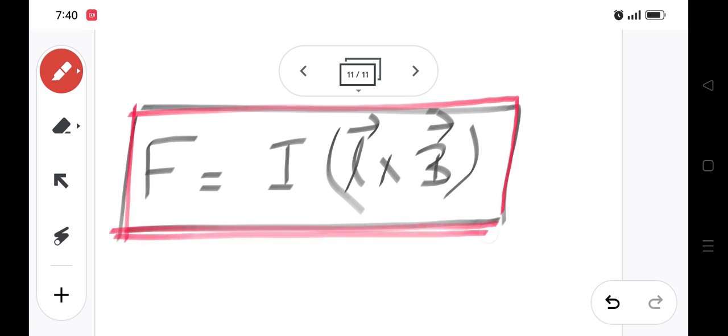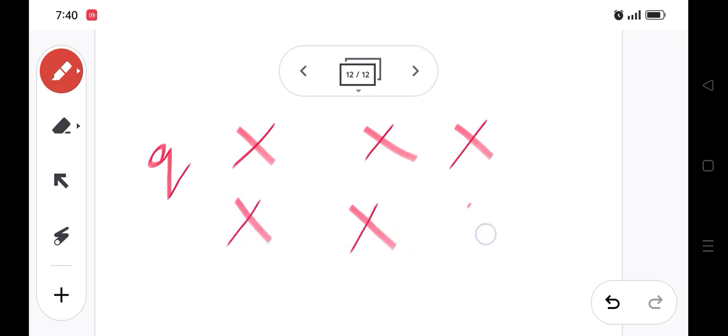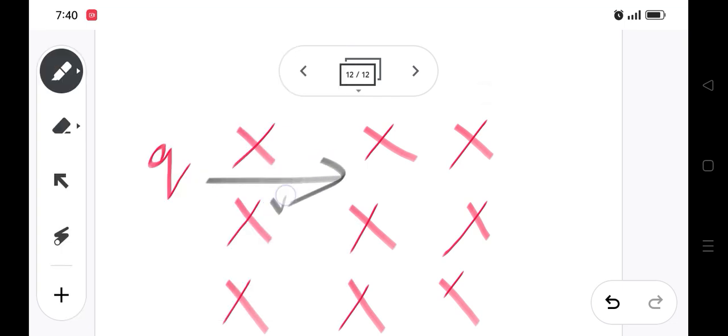So when a charge Q enters a magnetic field with a velocity v, it experiences a force, and that is the magnetic force.